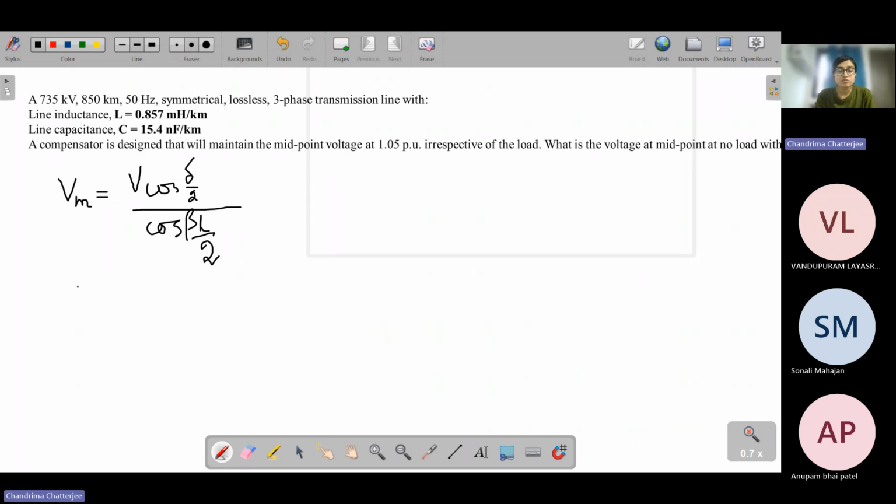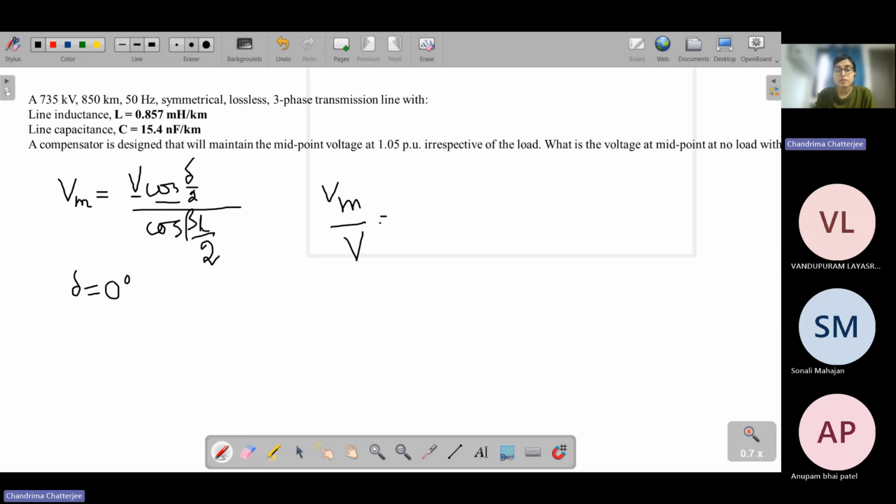At no load, we need to find out. So obviously delta will be 0 degree, and this portion becomes unity. And they have told to find out in per unit. This is the voltage amplitude in sending end as well as receiving end, because this is a symmetrical line. We need to find out at per unit, so we can anyway divide this value.